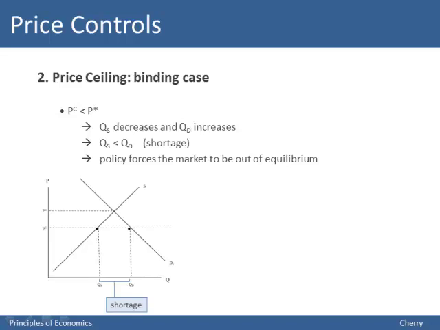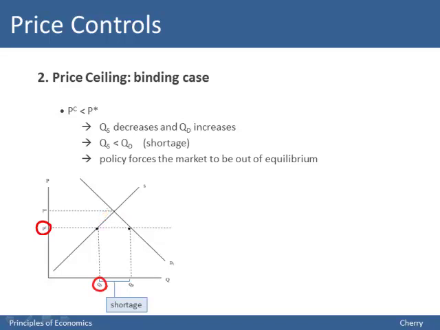Let's look at it graphically. At P star, the intersection of the supply and demand curves would give you the quantity. But now that that price is illegal, the seller has to lower the price down to P superscript C. So you move down the supply curve until you hit that price, and that gives you the quantity supplied.